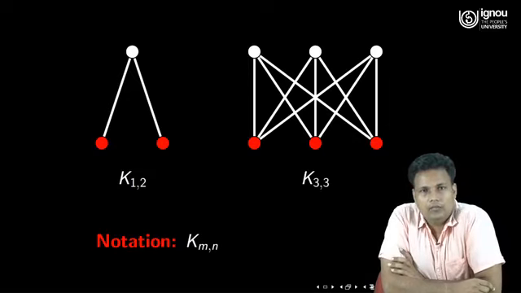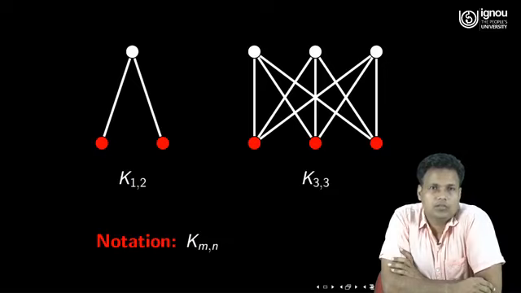And the graph on the right is also complete bipartite. When a complete bipartite graph has m and n vertices in its partite sets, it is denoted by K_{m,n}. So the graph on the left is K_{1,2} and the graph on the right is K_{3,3}.